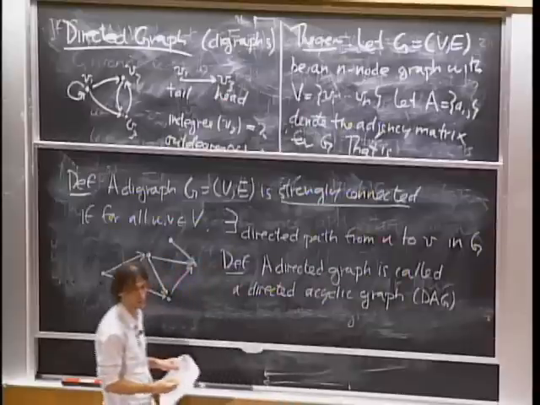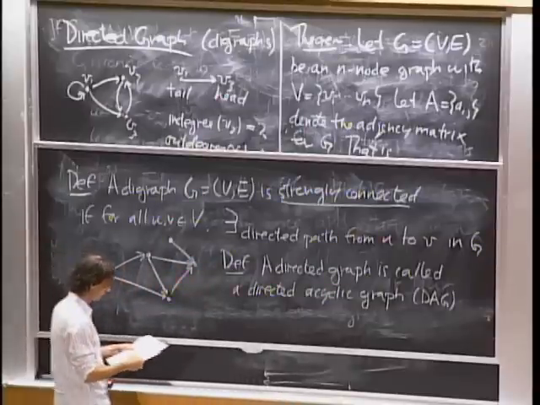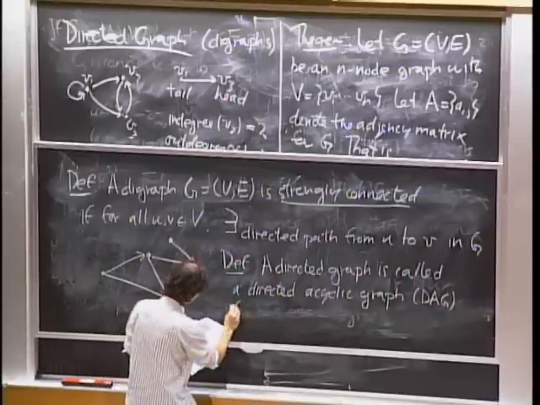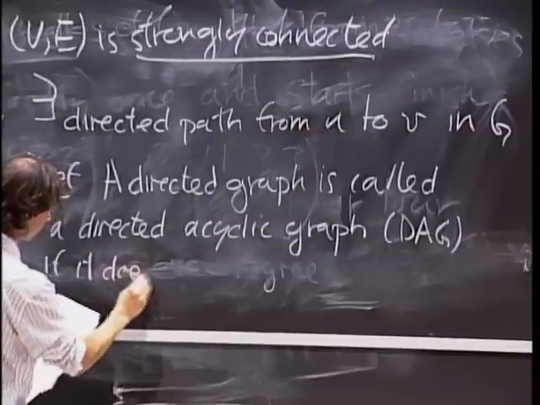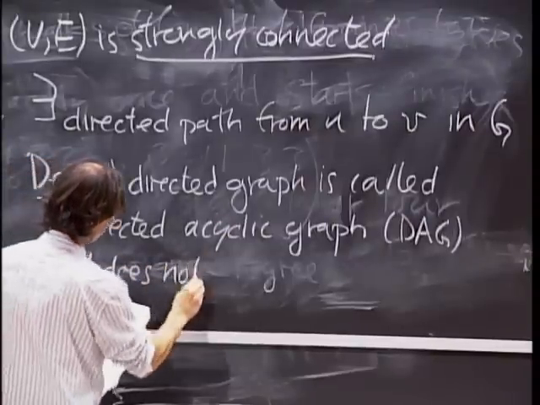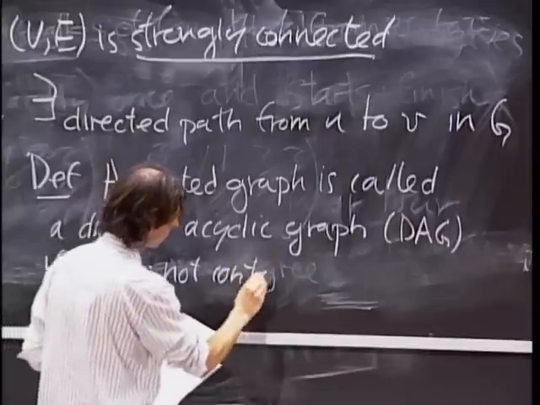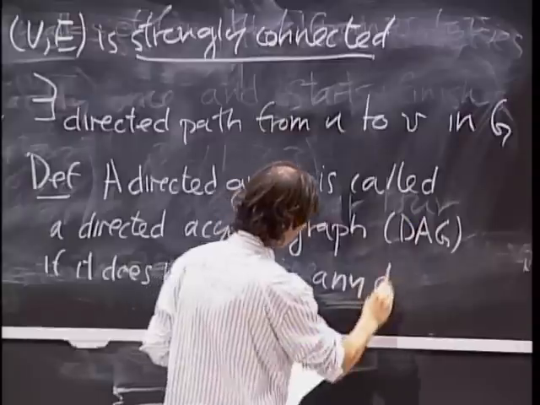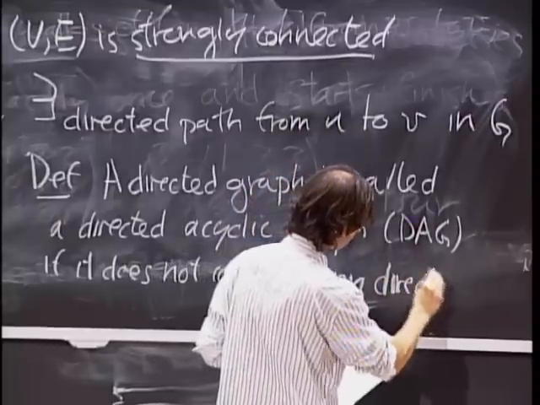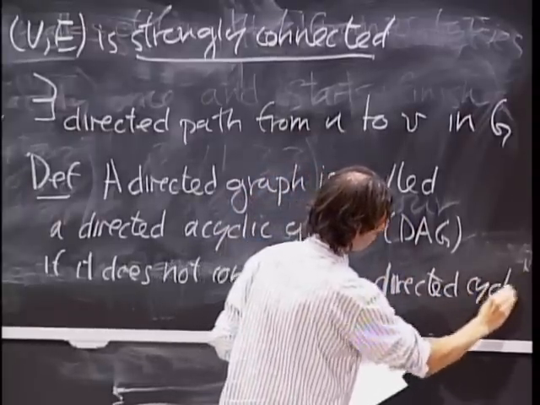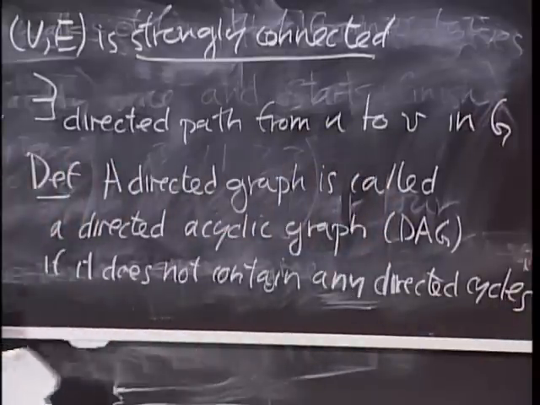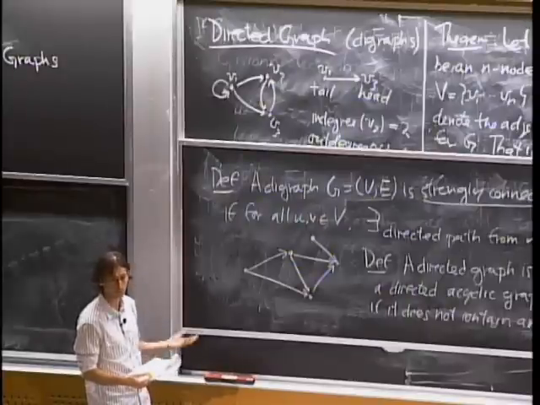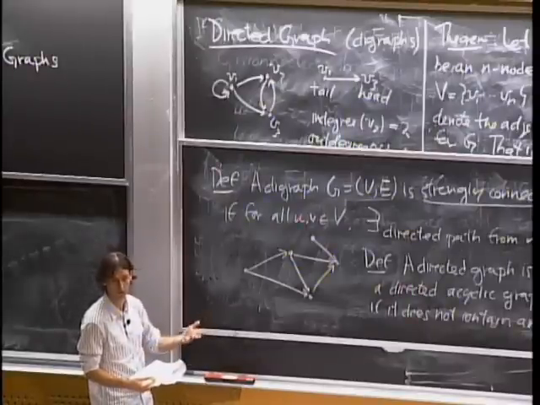They're used everywhere, actually. These kinds of graphs are used in scheduling and optimization, and we will use them next week in the lecture on partial orderings.